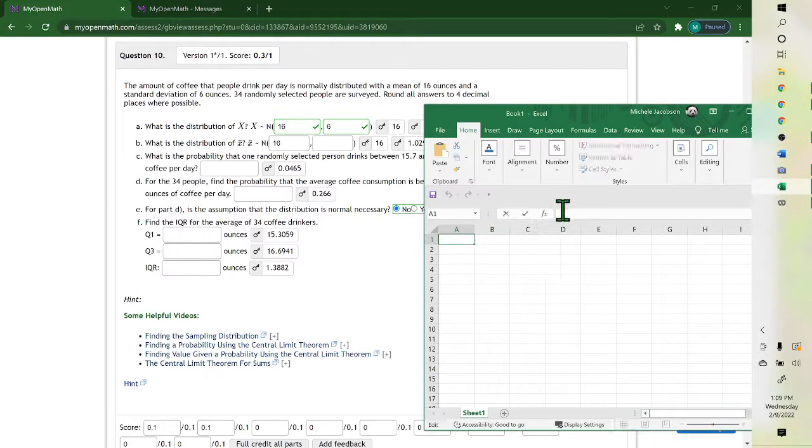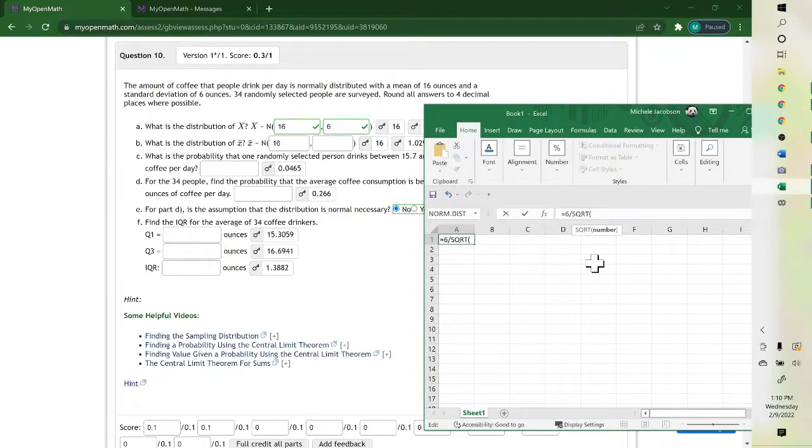I put equals 6, because that was the standard deviation, divided by the square root of n.